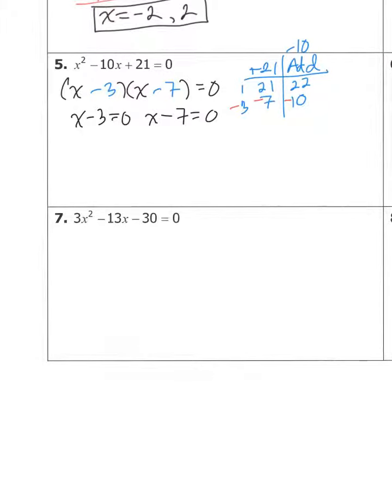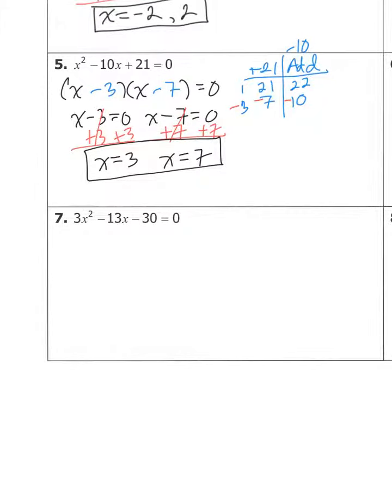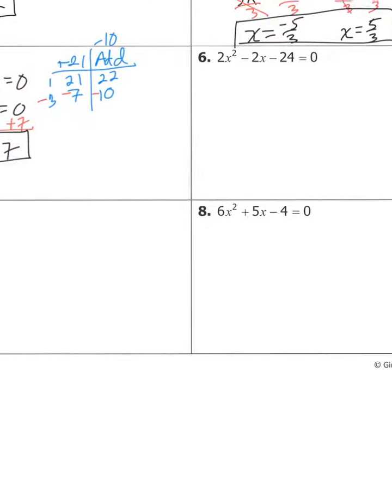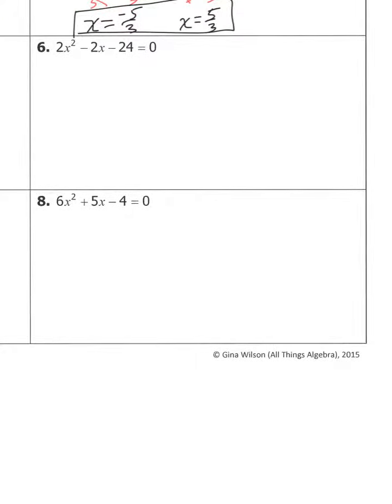And then solving. So I get 2 solutions. So now you try 6 on your own. Pause the video, factor, look for greatest common factor first, and then factor.